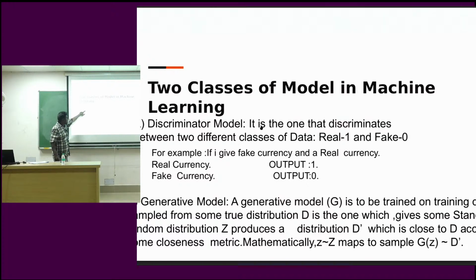This has a loss and this has a loss. We have already seen the loss for the discriminative model, which is a binary classifier, and we have not seen the loss for the generator. So before we see the mathematical part of the GAN, the mathematics would be seen in the Goodfellow book.